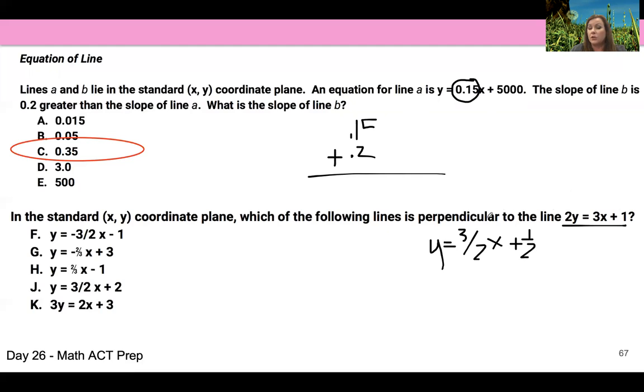And what we're concerned about is this 3/2. The slope is 3/2. So any line perpendicular to it is going to have the negative reciprocal slope. So we flip it and we change the sign. So any line perpendicular will have a slope of -2/3. So now let's go over here and find which one has -2/3 as its slope. G. G for got it. Yes.